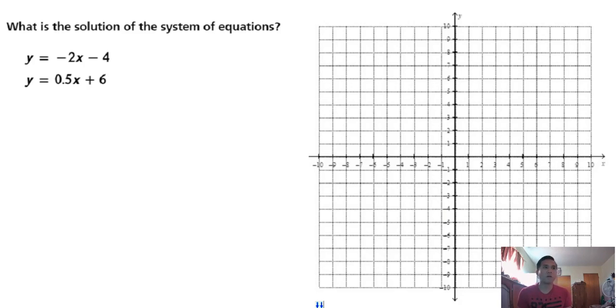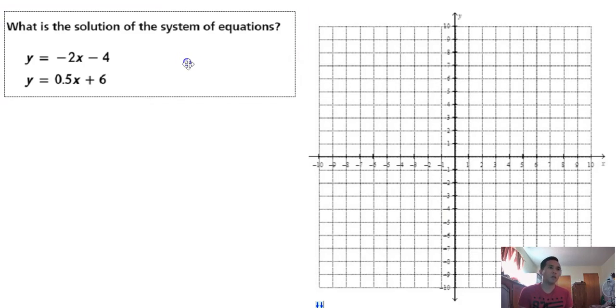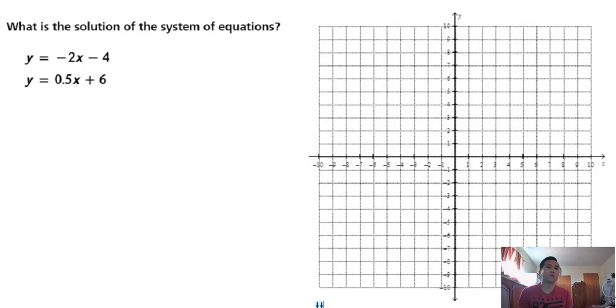So we have to identify the slope, and of course, we'll also identify the y-intercept. The slope here is negative 2, and your y-intercept is (0, negative 4), because we need this so we can graph our line.